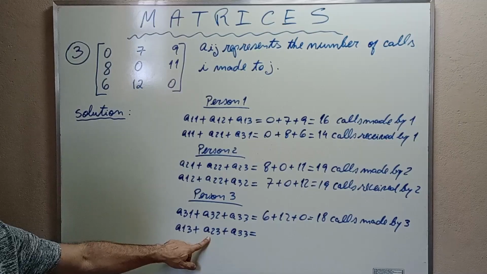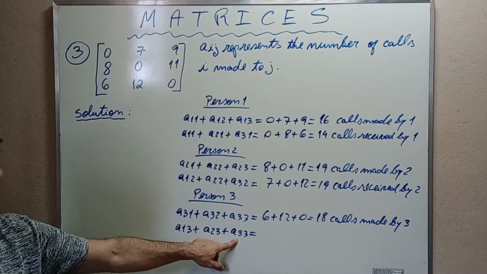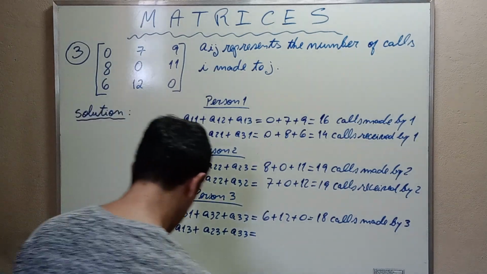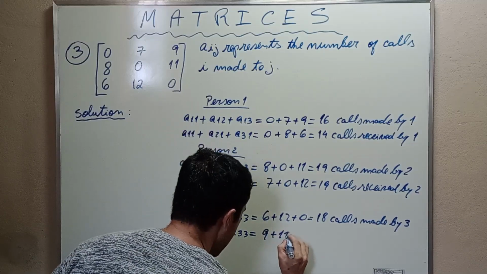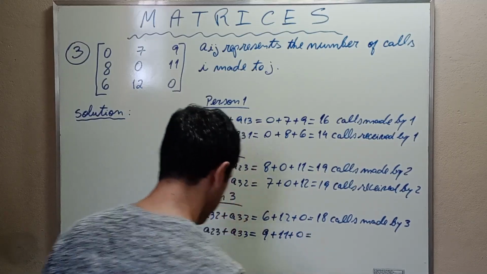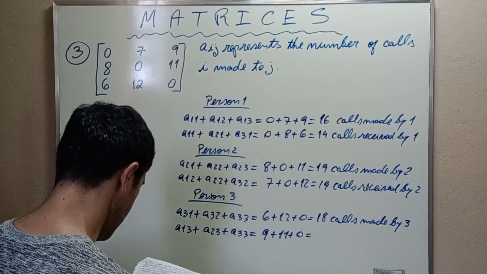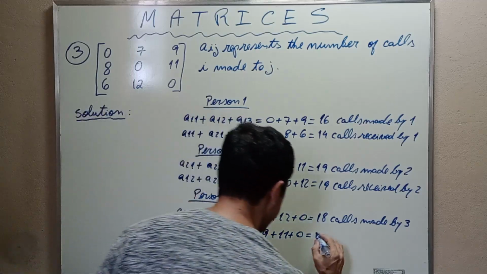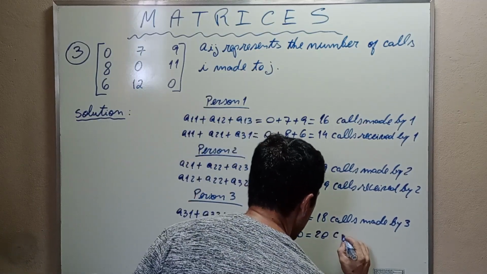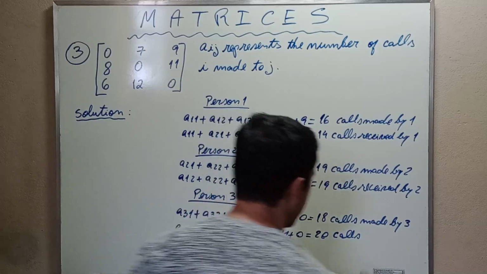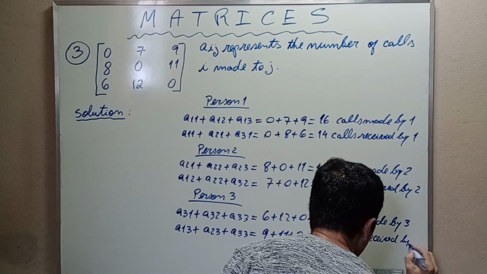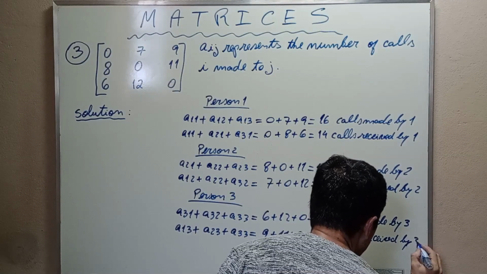A23 is the number of phone calls made by 2 and received by 3, and this is 0, alright? Then it is 9 plus 11 plus 0, and this is equal to 20 calls received by 3.